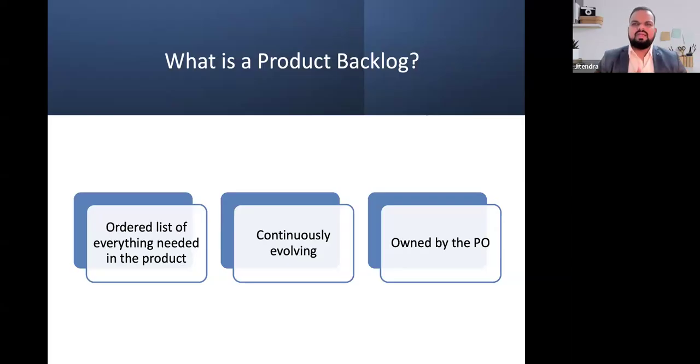So what we say is the product backlog is simply your ordered list of everything needed in the product. A simple example: every year when we start, let's say we are in the second month now, when you start a new year, you set some resolutions that this year, 2026, I want to travel to XYZ.